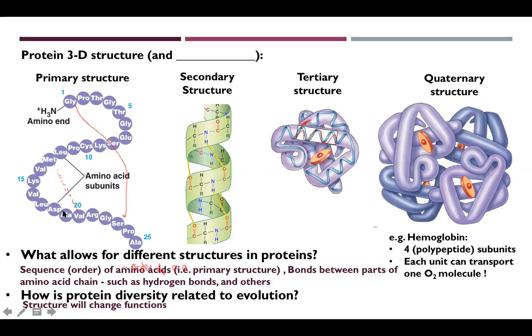One little change in the amino acid sequence can make this hemoglobin not look like this. Just even that little bit of a change of structure can change its function. Up here, protein structure and function. It's a very recurring theme.